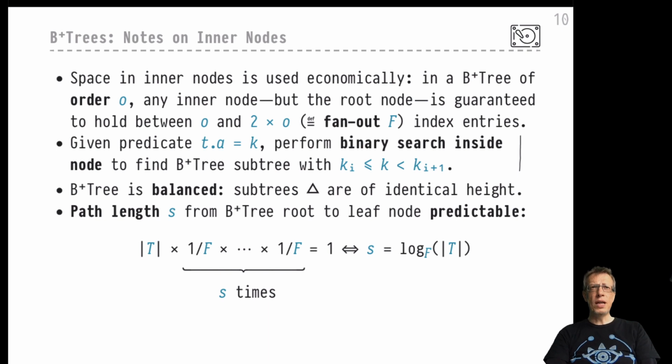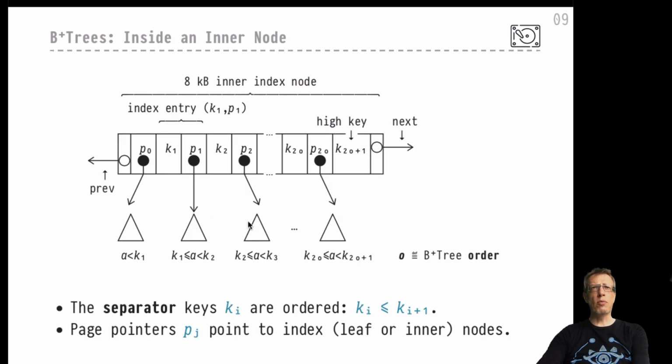Since this is a balanced tree, all of the paths from the root to all the leaf nodes are of the same length, or all of the subtrees that you've seen on the previous slide are actually of the same height, which would be the equivalent statement here. So all of these subtrees are of equivalent height, regardless of which k value I'm actually looking for, regardless of which pointer I'm following.